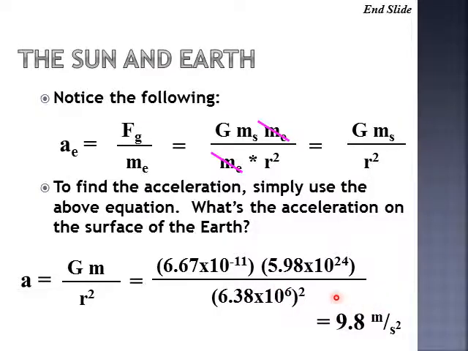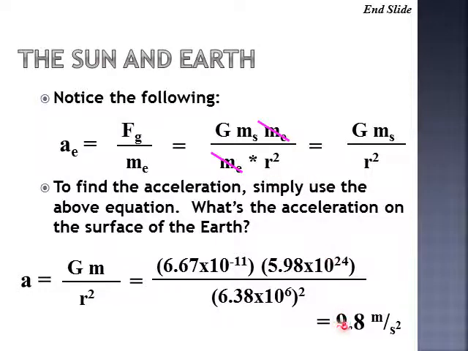So the reason everything accelerates on Earth at 9.8 meters per second squared is not some magic weird reason. It's because of this equation right here that Newton called the gravitational strength equation. This tells us the gravitational strength of the Earth at the surface, and actually it would tell us the gravitational strength at any point. Technically, if you look at this equation, if we go to the top of a mountain where our radius is a little bit bigger, where we're further from the center of the Earth, then technically the gravitational field strength would be smaller.